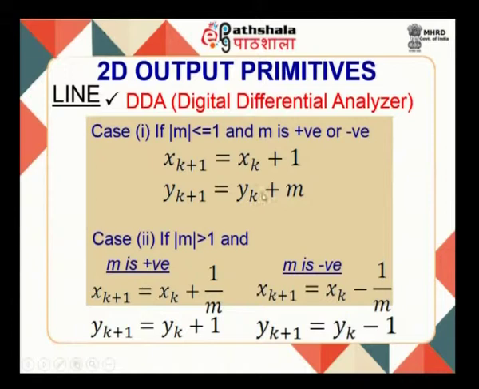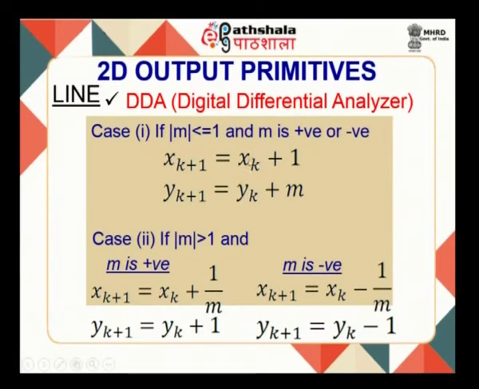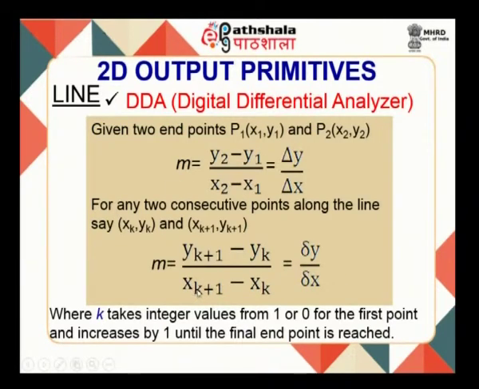The next y is the previous y value plus m units. How did we get this equation? You can look back at the previous slide. To compute the next y, in the slope equation, we know the next x value is x k plus 1, so x k plus 1 minus x k is the denominator. x k gets nullified and you are left with 1 in the denominator.